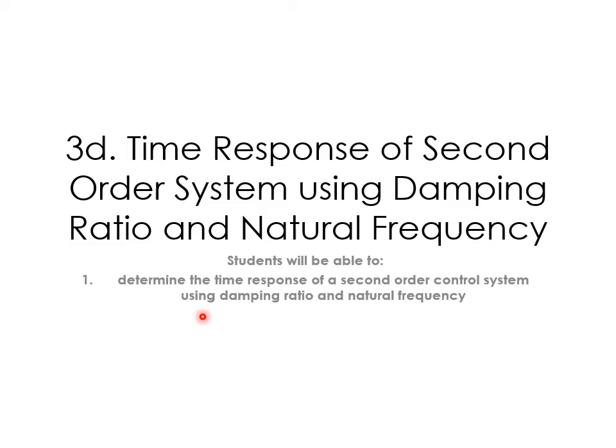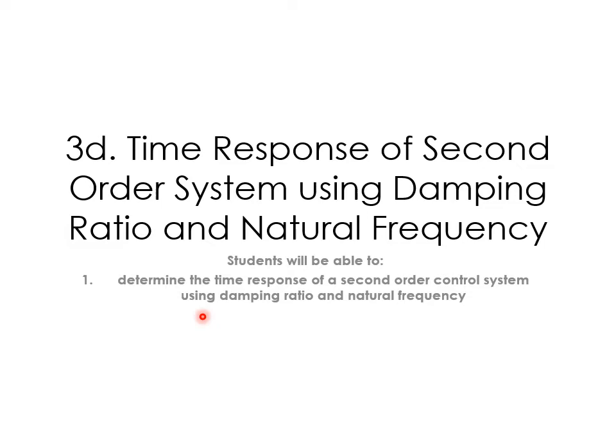In the first part of this video lecture, we will briefly describe the definitions of damping ratio and natural frequency, and why they relate only to second order systems and were not utilized for first order systems. Then we will analyze the second order system using these parameters.